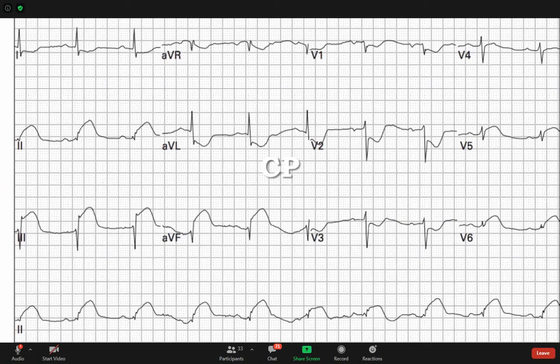V2 فيها ديبريشن وV3 فيها ديبريشن. والاي بي ال بعد فيها ديبريشن. So what do you think is going on? ميوكارديال انفاركشن في الانفيريور. Perfect. So عنده inferior myocardial infarction.